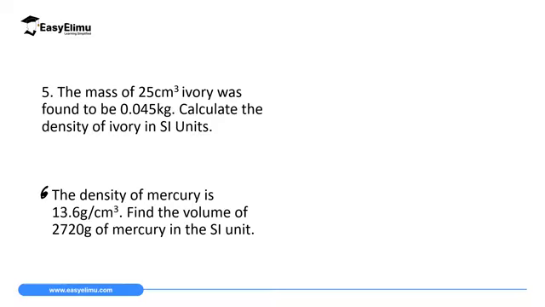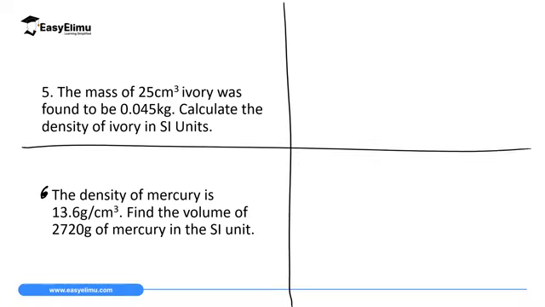The first question reads, the mass of 25 cubic centimeters, this is the volume of ivory, was found to be 0.045 kgs.